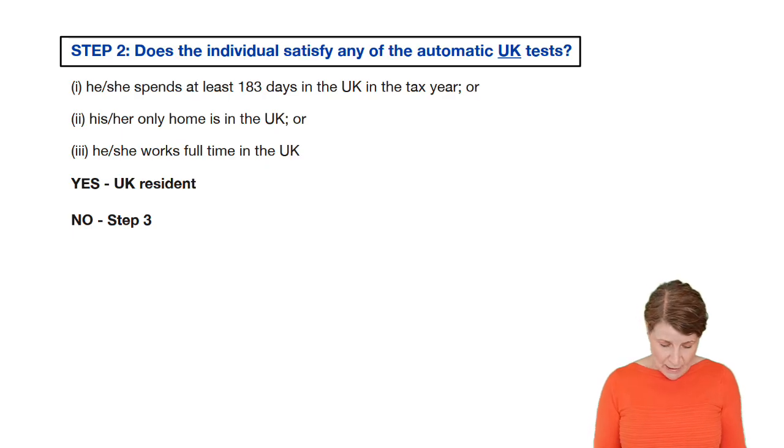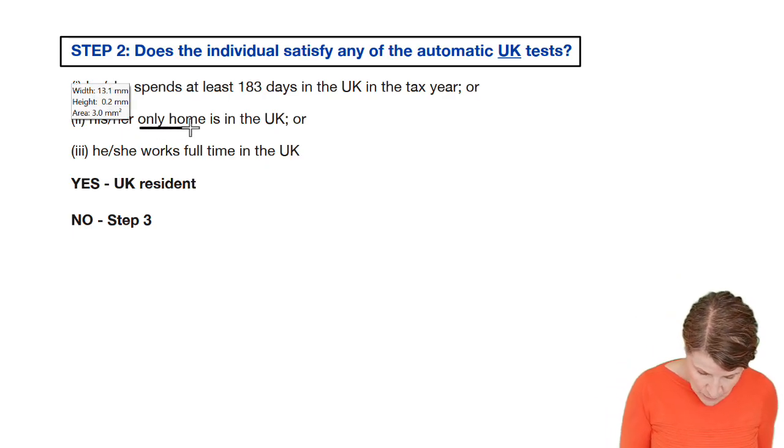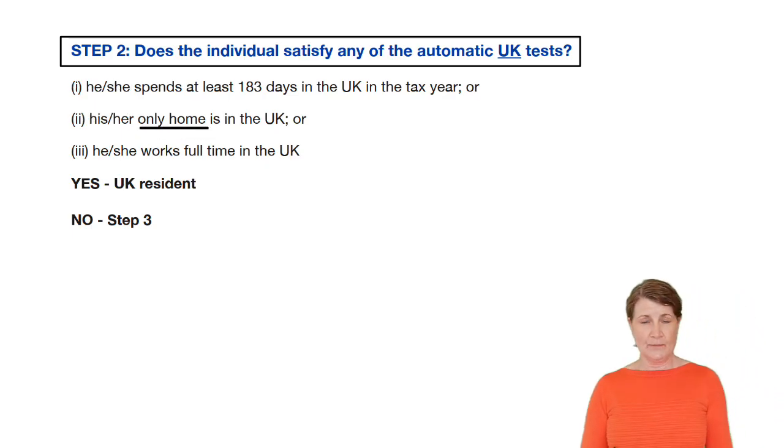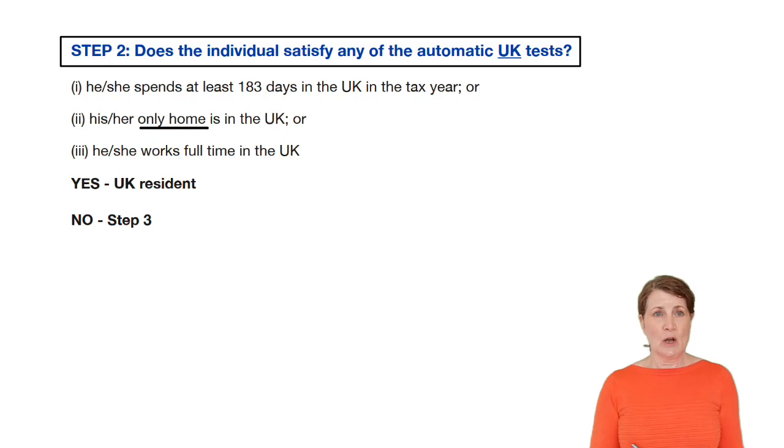Now, the other one is where your only home is in the UK. So your only home is in the UK. Now we let you have a holiday home overseas as long as you spend no more than 30 days there in the tax year. But your only home is in the UK. You are automatically resident in the UK for that particular tax year.